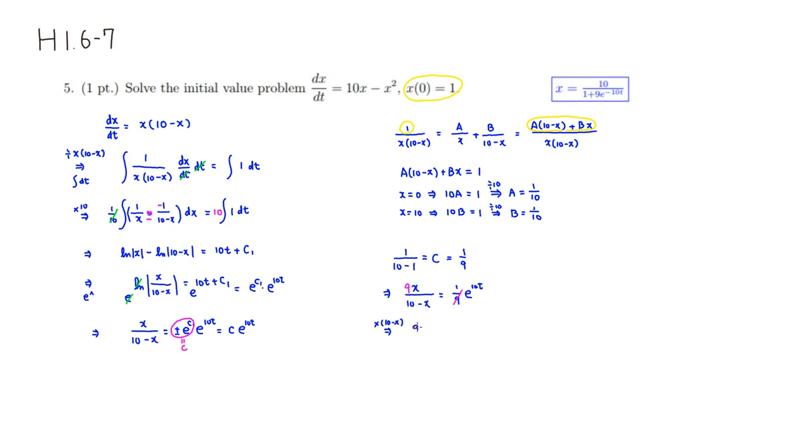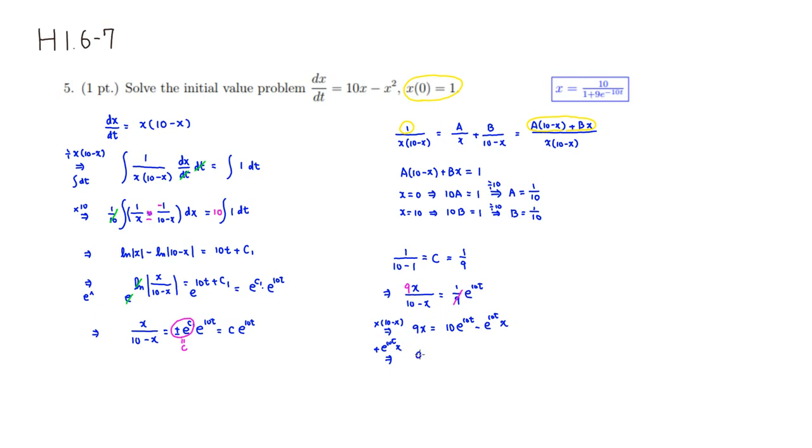So you have 9x is equal to 10 e to the 10t minus e to the 10t x. Then we can combine these two terms. So we're going to add e to the 10t x.